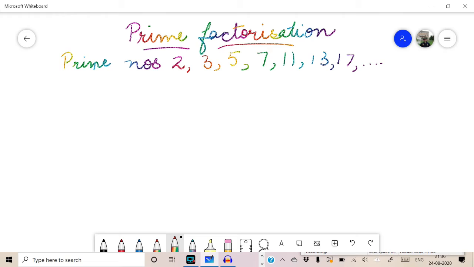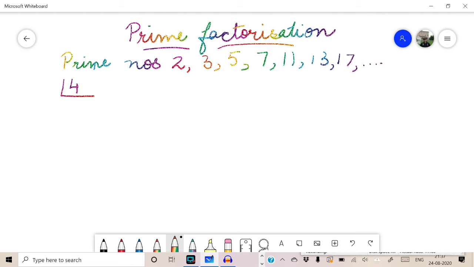All the composite numbers can be expressed as the product of their prime numbers. The first composite number is 4. So we will do a short division. This is the sign for the short division.